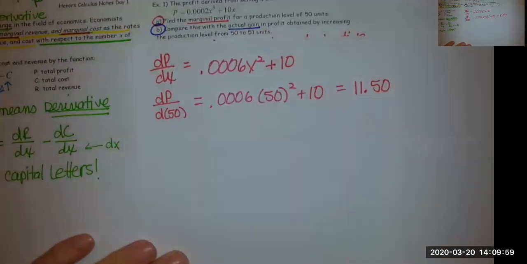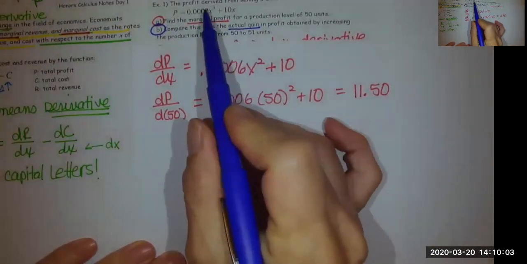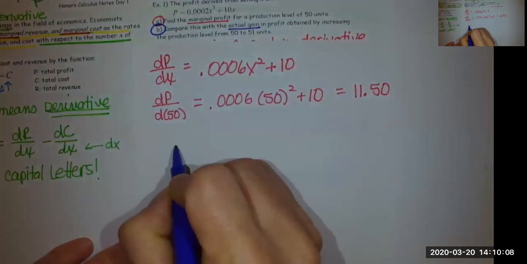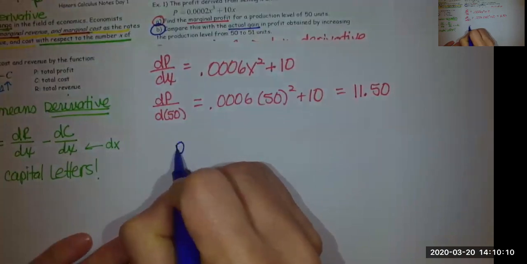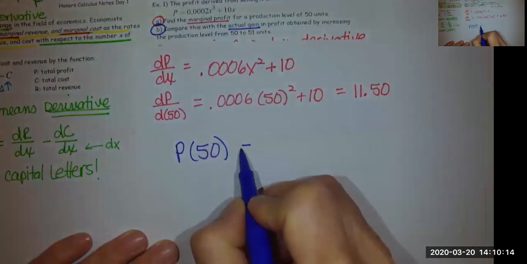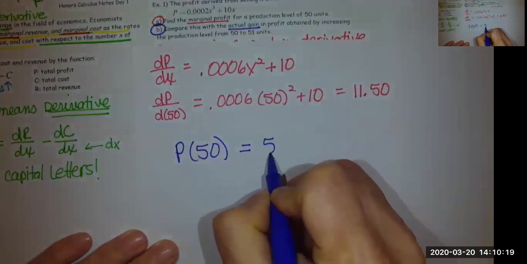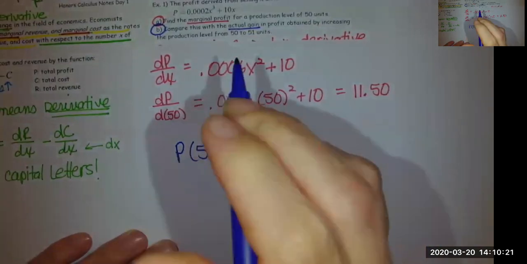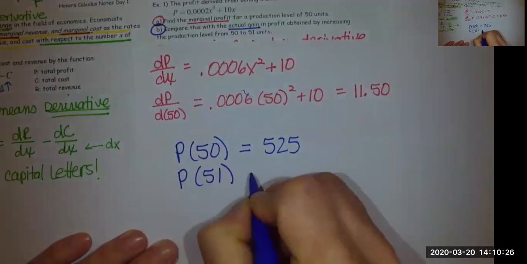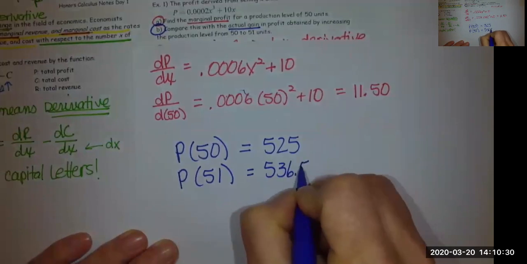It says to compare the actual gain. If you see the word actual, that means to plug it into the original. So this means that we want to find P of 50. So you would just plug 50 into this, and if you look that up, use your calculator. It's going to come out to 525. And then if you plug P of 51 in, that's going to come out to 536.53.